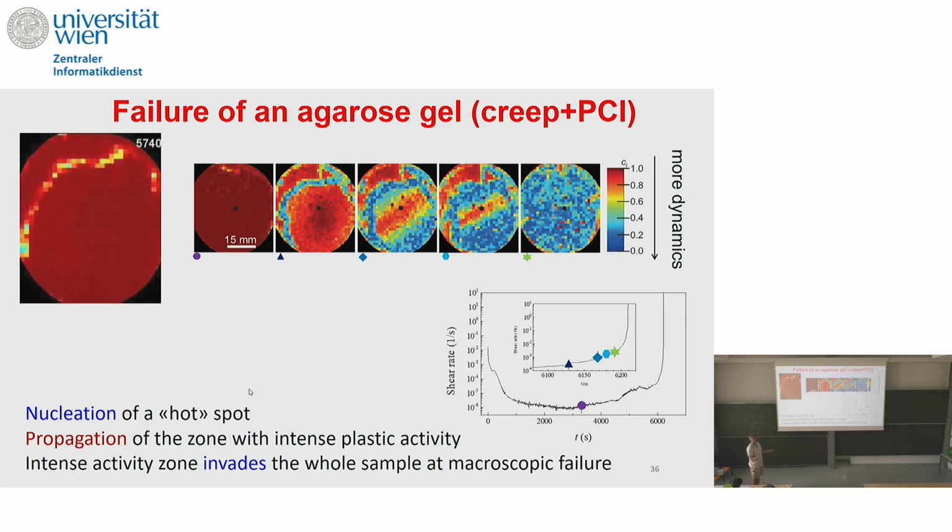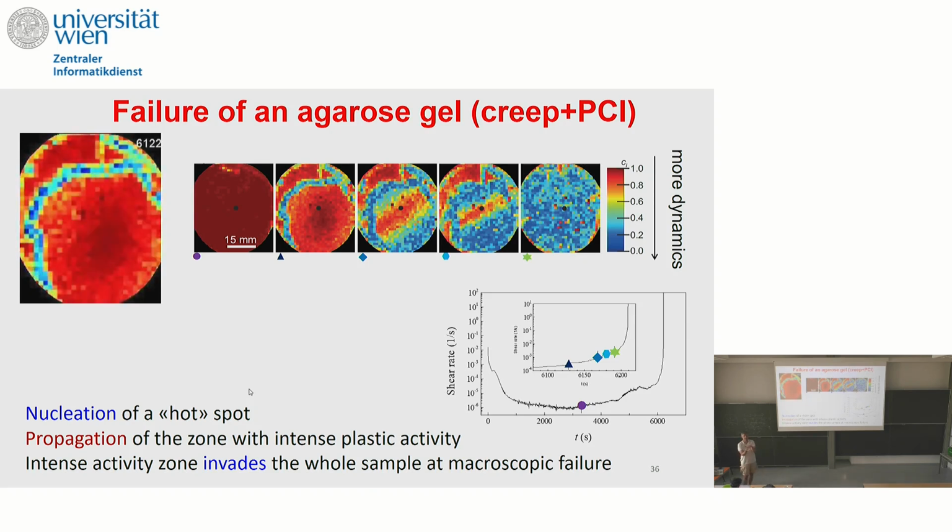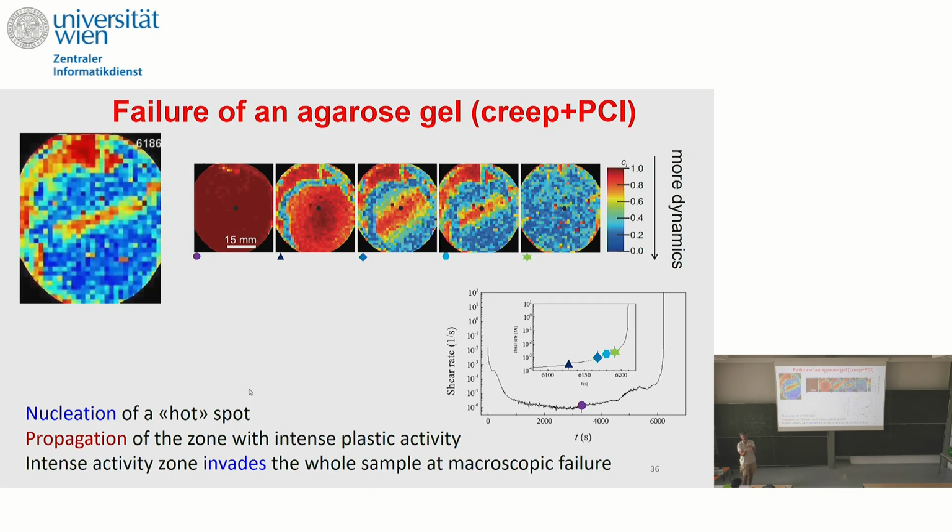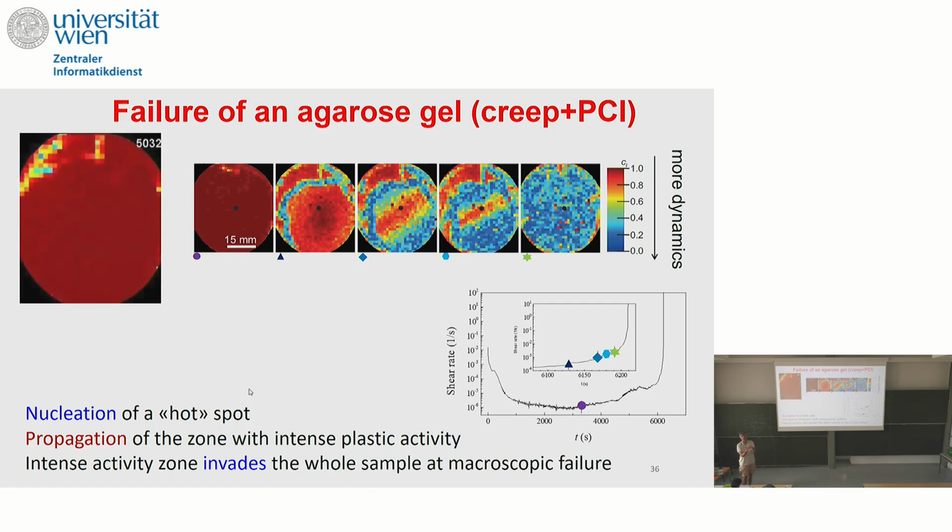When it does, the shear rate that I measure with the rheometer goes up by orders of magnitude. That is when, in practice, my agarose gel fails. It does not sustain the stress anymore, and the sample moves like that.